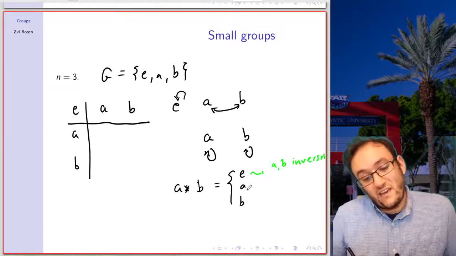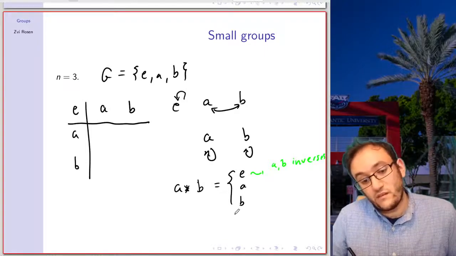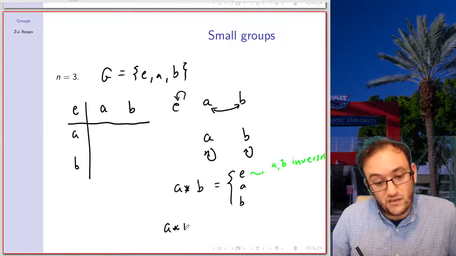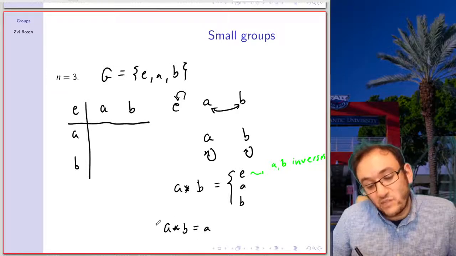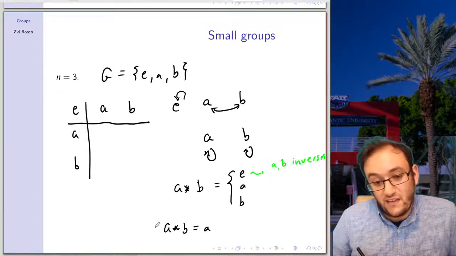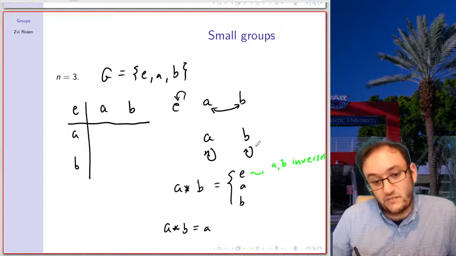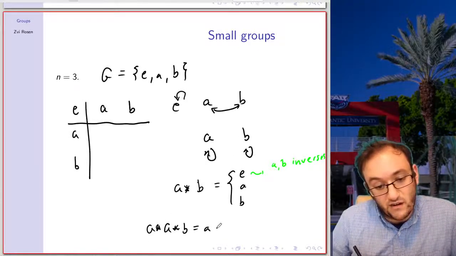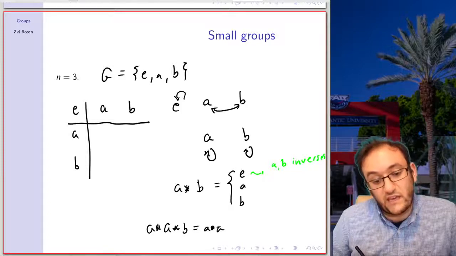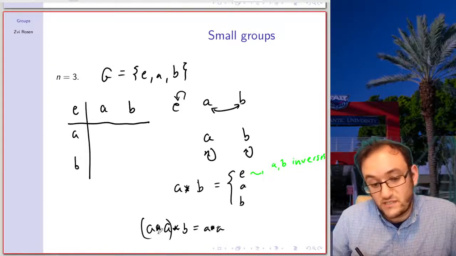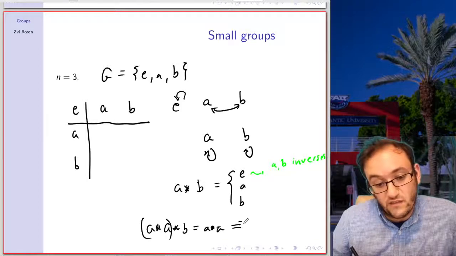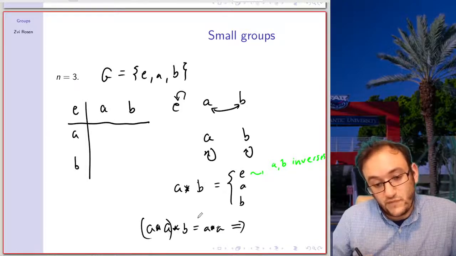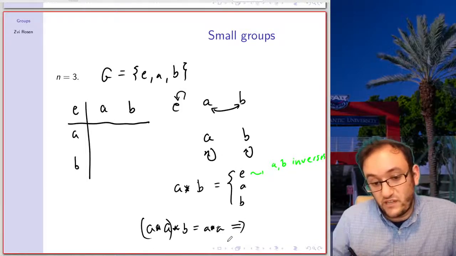So if A times B equals A, I can multiply on the left on both sides by A, supposing right now that A and B are their own inverses. Then you'll also get AA on this side. This reduces to the identity because A would be its own inverse.